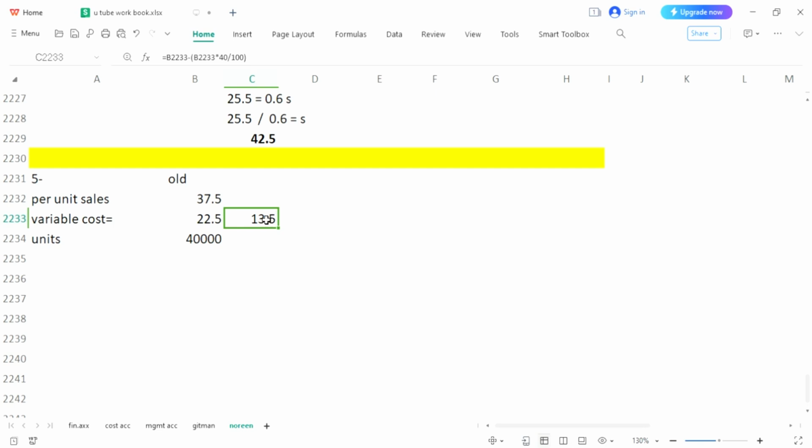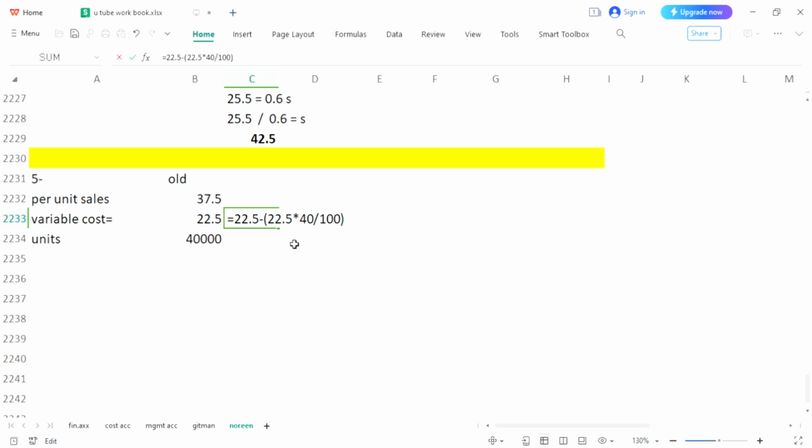Actually, instead of writing these cell numbers, I will let you know how we calculated it. 22.5 was the original variable cost. You have to decrease it by 40%. So 22.5 was the amount and you will calculate its 40% and finally you will subtract.